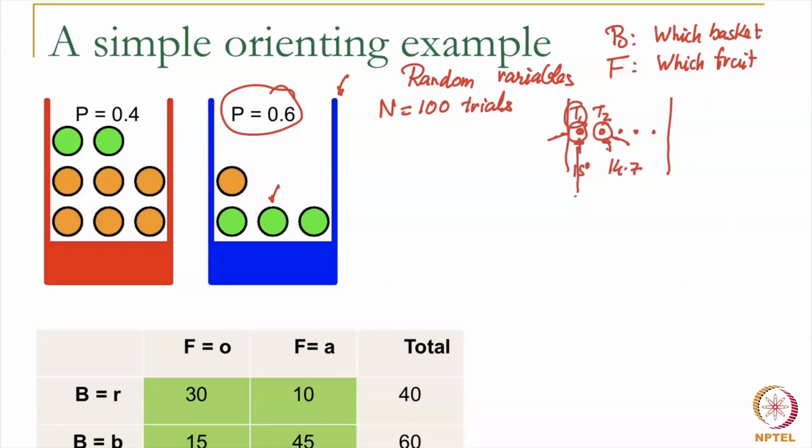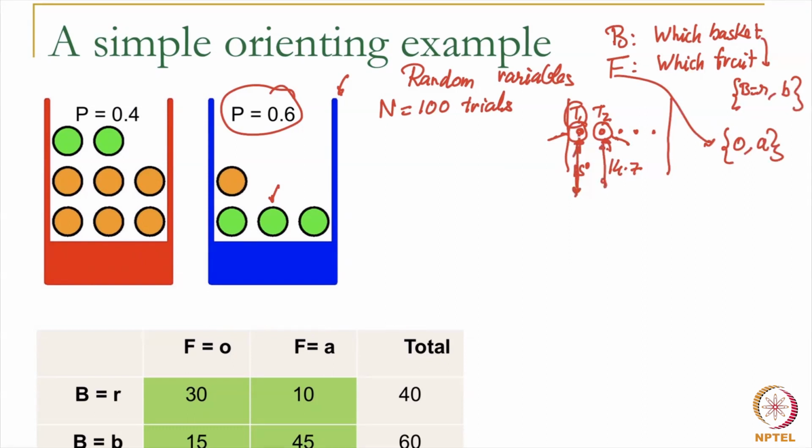Of course, its sample space is continuous, whereas here in basket, you have a discrete sample space. So you have a basket equal to red, or you have a basket equal to blue. These are the two sample spaces. Similarly, the fruit has a sample space of orange or apple. Whereas here, the sample space is infinite, and you'll have temperature variation, which is infinite.